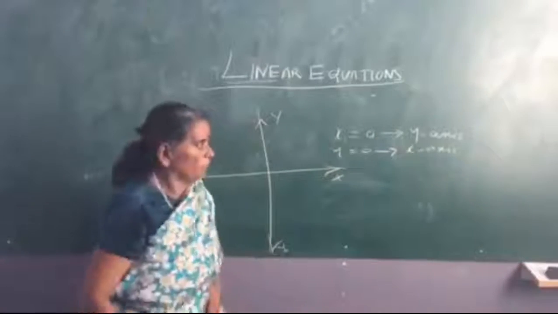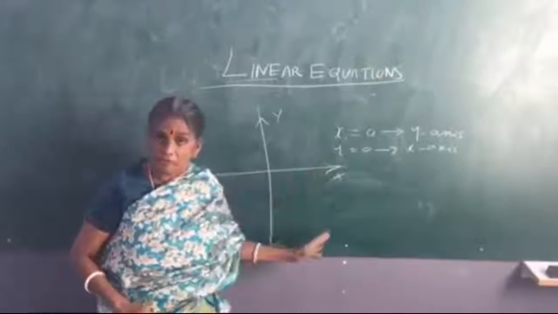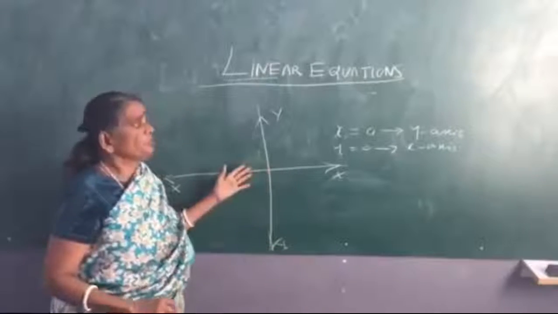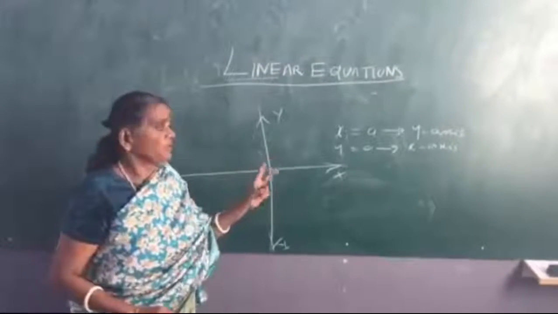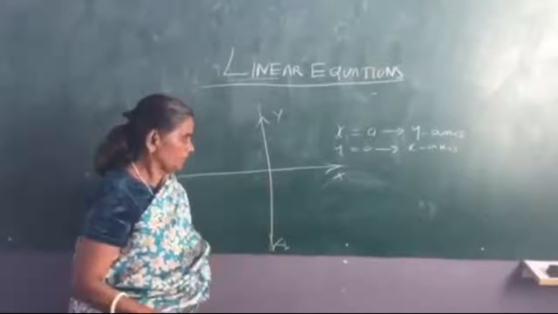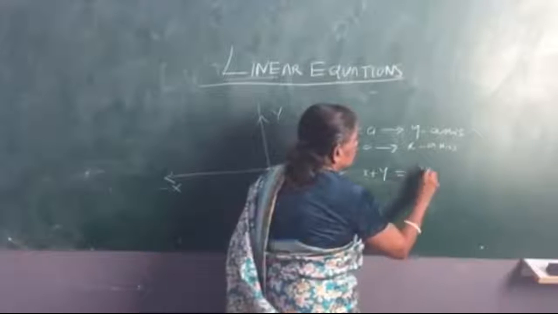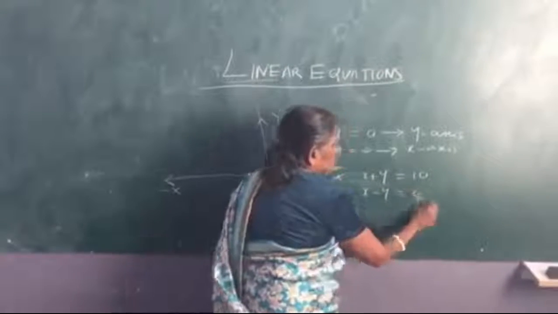Anyway, types of equations, since you are already familiar, I am not going to deal much with this. Now, I am going to discuss the pair of equations. So, you are going to take a system of equations. For example, x plus y is equal to 10, x minus y is equal to 4.